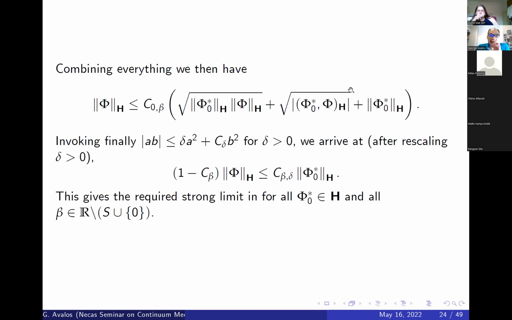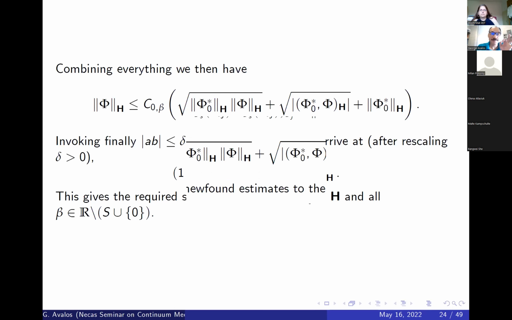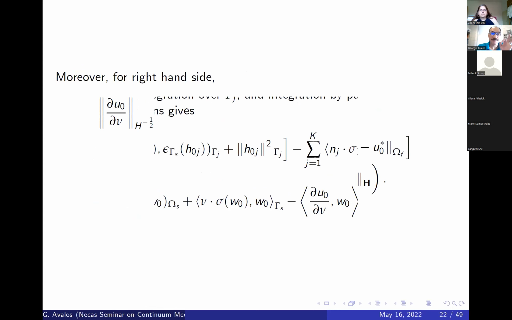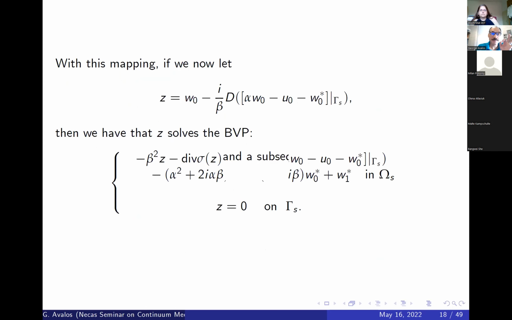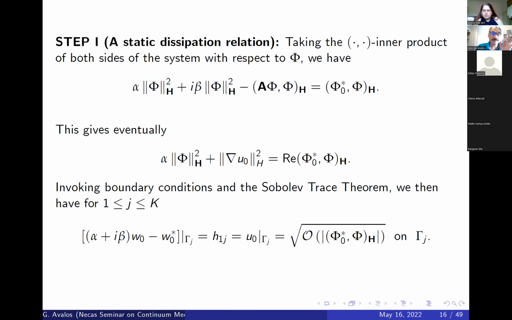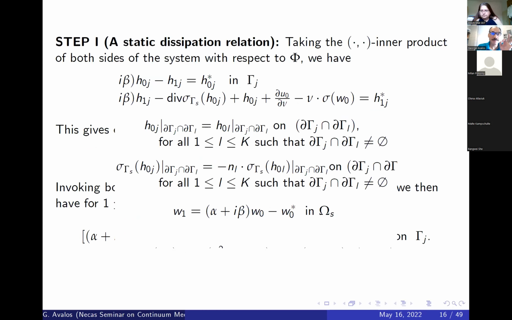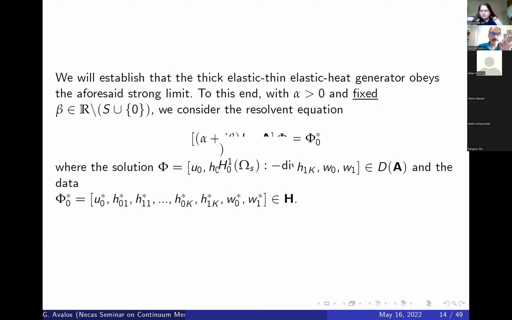And ultimately, we obtain the necessary estimate to apply Yuri-Tomila's stability criterion, which recall, right, this strong limit.